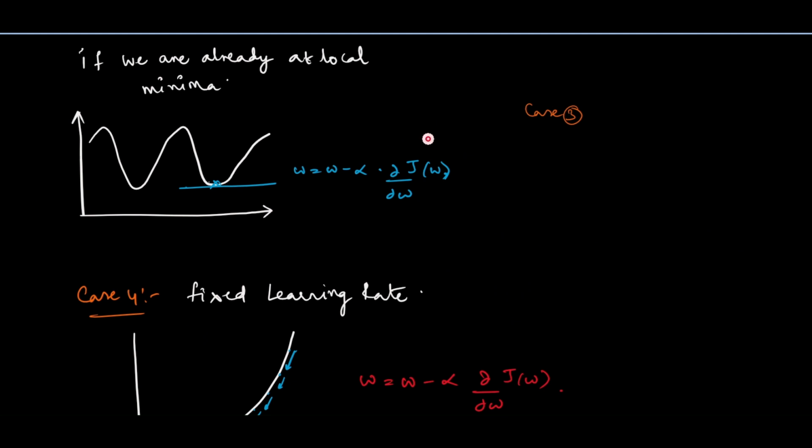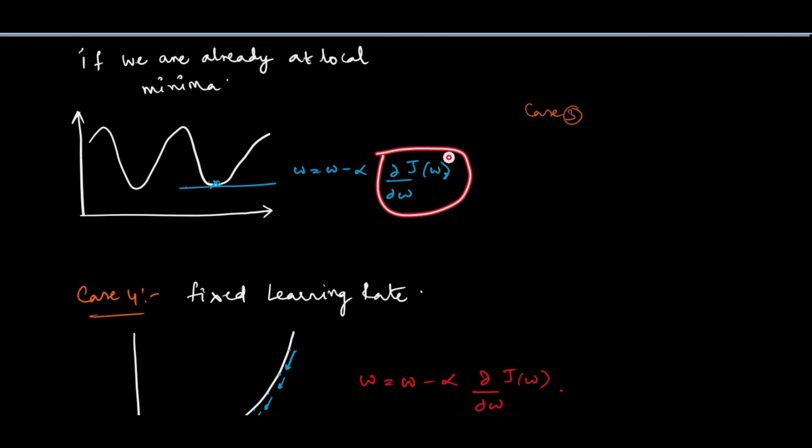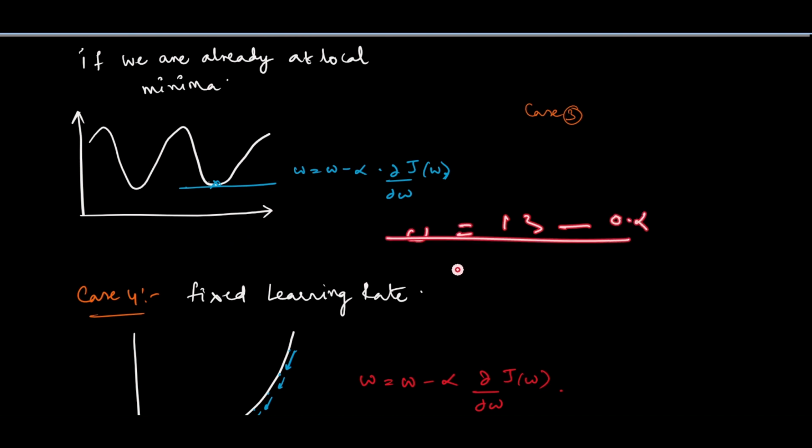Now let us consider the third case where we are already at the local minima. If we are here at the local minima, and we calculate the differential, it is a straight line parallel to the x-axis, so the differential will be 0. Even if we are at any position, like W is equal to 3, 4, 5, 10, 12, 13, W is equal to W minus the differential of 0 into alpha, which ultimately leads to the same position.